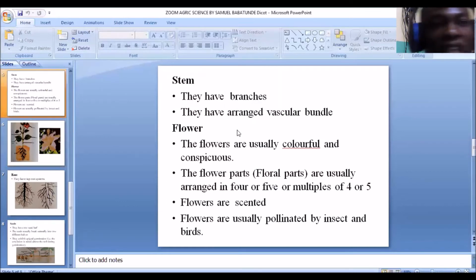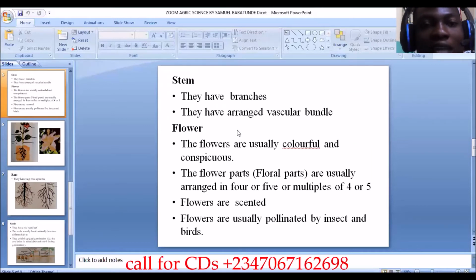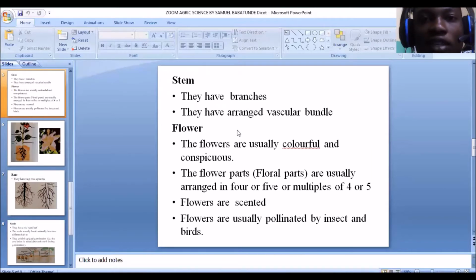Also, they have what? Arranged vascular bundles. Their vascular bundles are arranged, unlike the monocot plant, where the stem has scattered vascular bundles. And this vascular bundle will include your phloem and xylem. And like I said, the xylem is responsible for the conduction of water and mineral salts from the roots to the various parts of the plant.